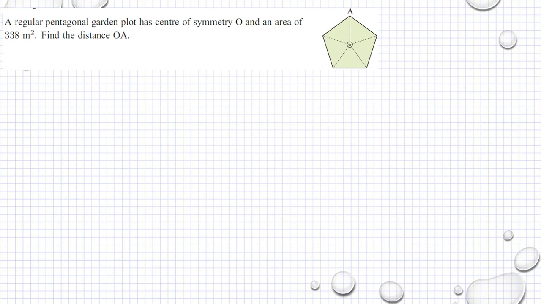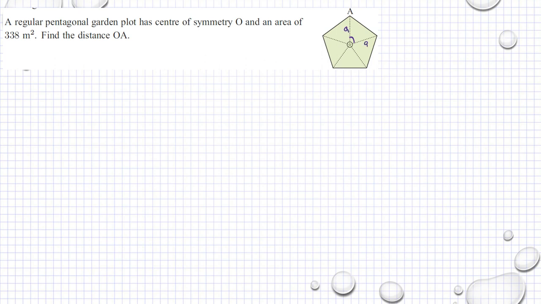Okay, last example in this video. A regular pentagonal garden plot has center of symmetry O and an area of 338 square meters. Find the distance OA, this line. Since they are isosceles triangles, it doesn't matter where you want to do. But this one, for example, we need to find that angle because we need to find this side.